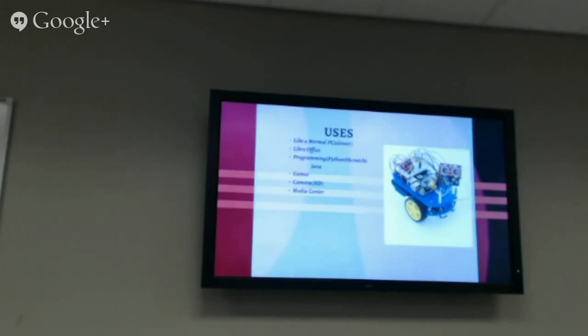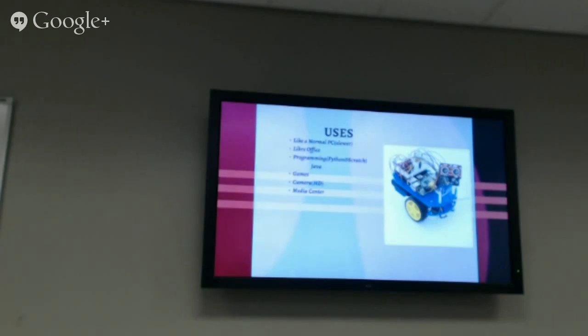So one memory card can be just for that. Another memory card can be for your day-to-day activities, your office, your work and stuff. Another memory card can be for controlling robots. Another memory card can be for your surveillance camera and stuff at home. So it's very flexible. You can just remove it and change it, and different programs are on different memory cards.